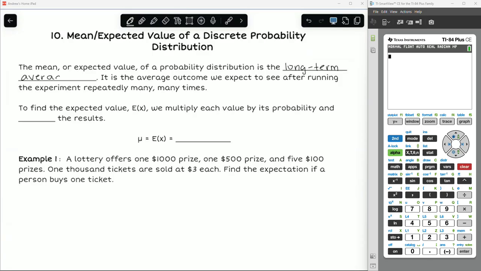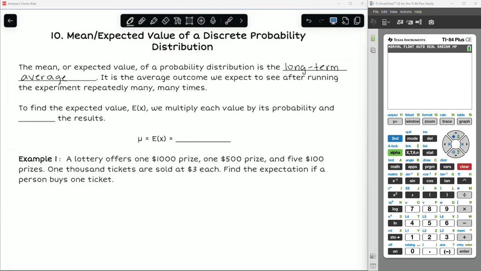What that means is I take the probability experiment and I run it over and over again, and I record my results. The average of those outcomes is my mean, or my expected value. So it's not what I expect to happen in a single trial, it's what I expect to happen on average after many trials.